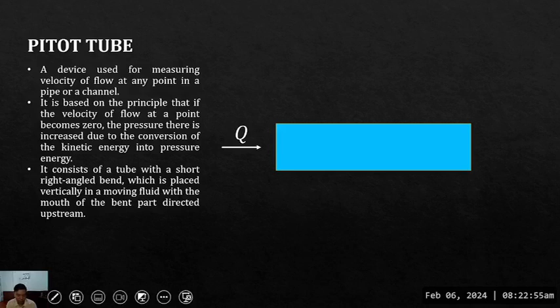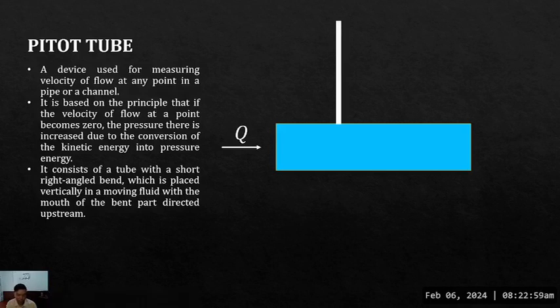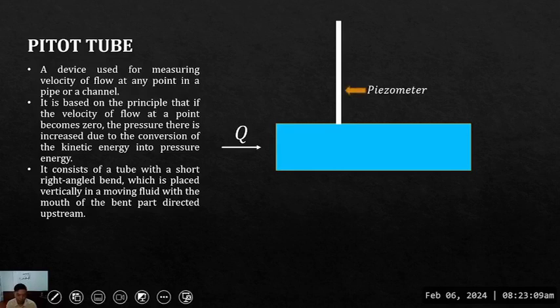And then if we're going to insert a piezometer, so we know that piezometer is a device that is inserted on the tube, which is able to show us the pressure head. So of course, water will rise at a certain point. We call that height our static head.